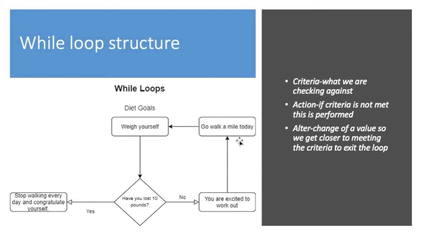In the diagram to the left, this is you going for a walk for a mile a day. Because you're walking a mile a day, you'll eventually lose a pound or two a day, and your criteria will soon be met. Once your criteria is met, you will no longer go through the loop anymore and go to here. You'll stop walking every day because you can congratulate yourself for losing 10 pounds.